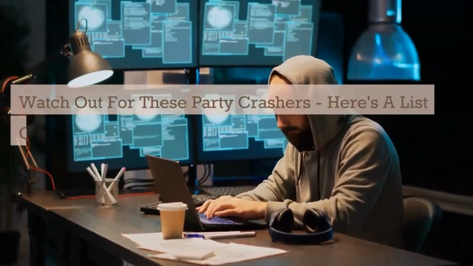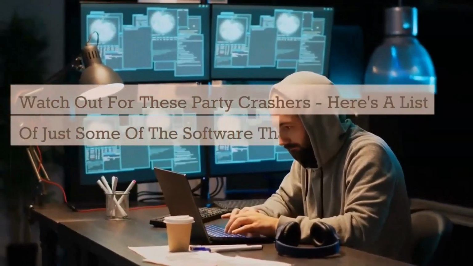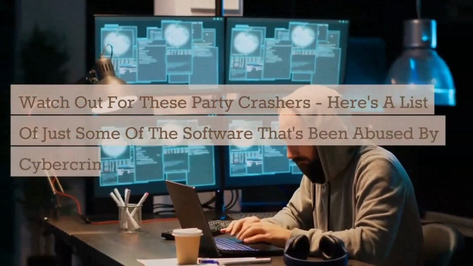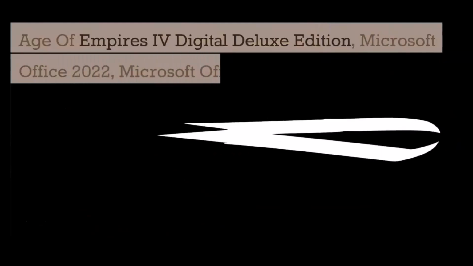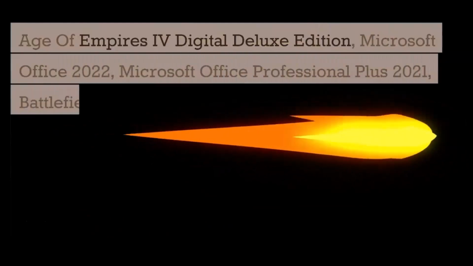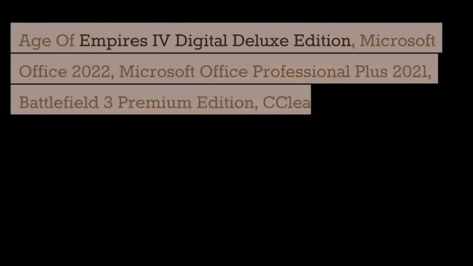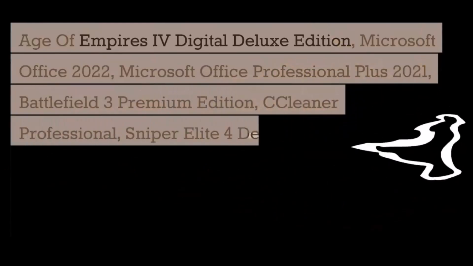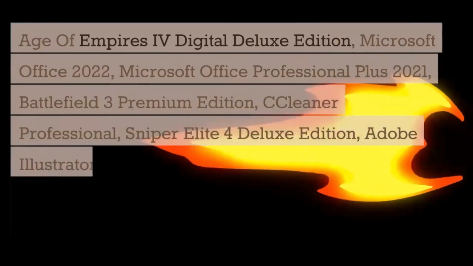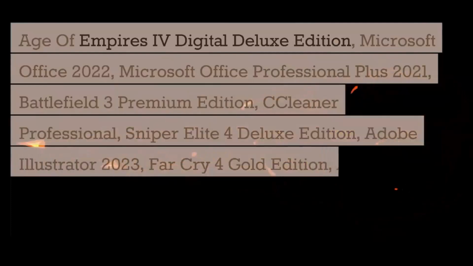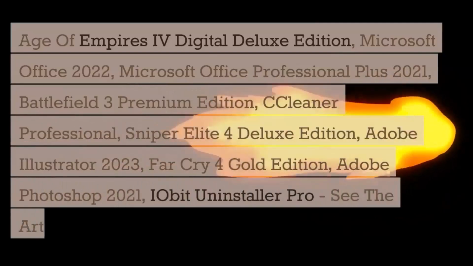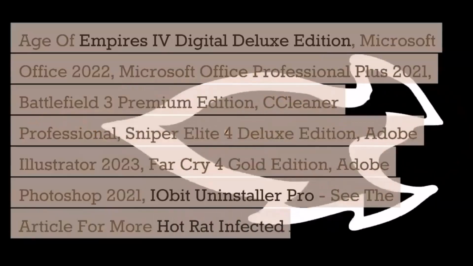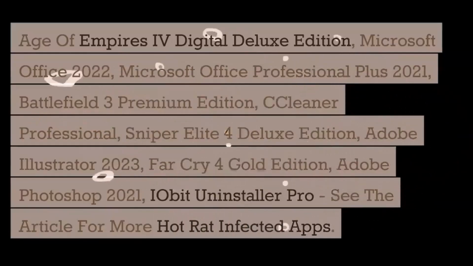Here's a list of just some of the software that's been abused by cyber criminals to spread HotRat. Age of Empire 4 Digital Deluxe Edition, Microsoft Office 2022, Microsoft Office Professional Plus 2021, Battlefield 3 Premium Edition, CCleaner Professional, Sniper Elite 4 Deluxe Edition, Adobe Illustrator 2023, Far Cry 4 Gold Edition, Adobe Photoshop 2021, Lil Uninstaller Pro.